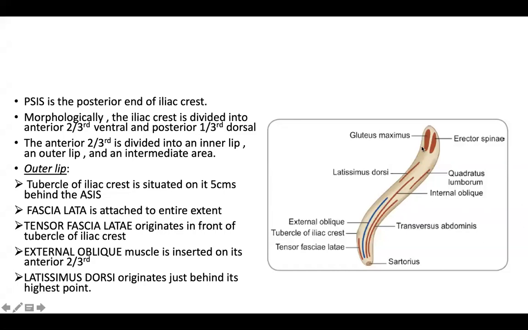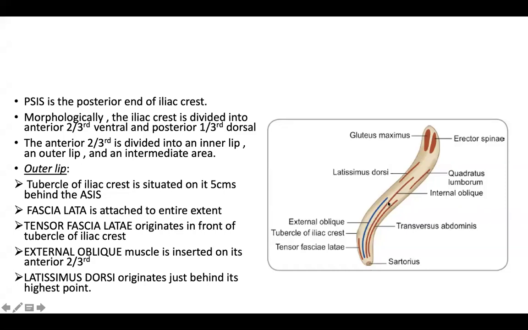Here is the entire iliac crest. This is the posterior end, which is called the posterior superior iliac spine, and this is the anterior end, which is called the anterior superior iliac spine.